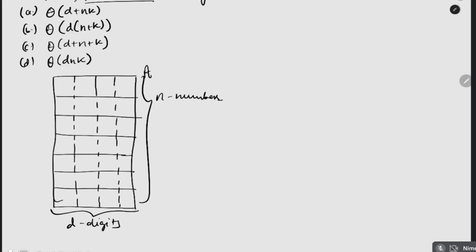So each block here is a digit, right? And what we do in radix sort is basically we take one digit, right?